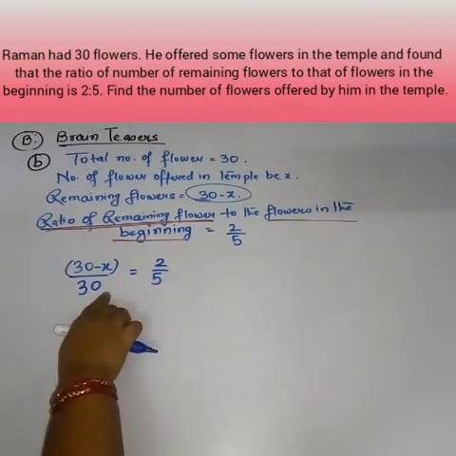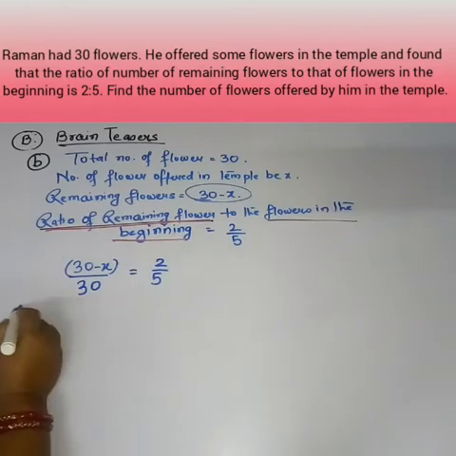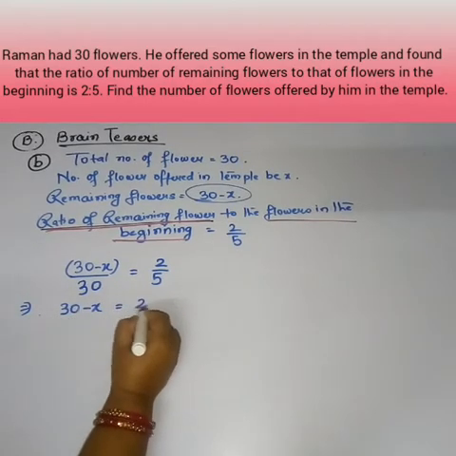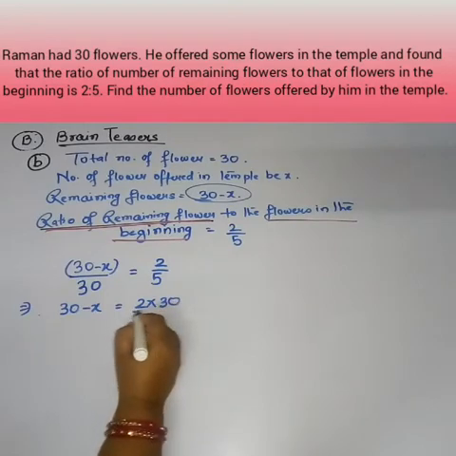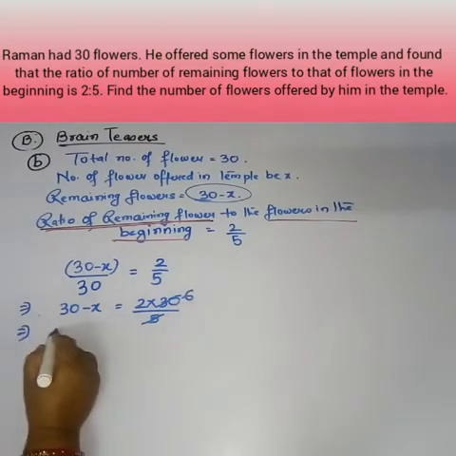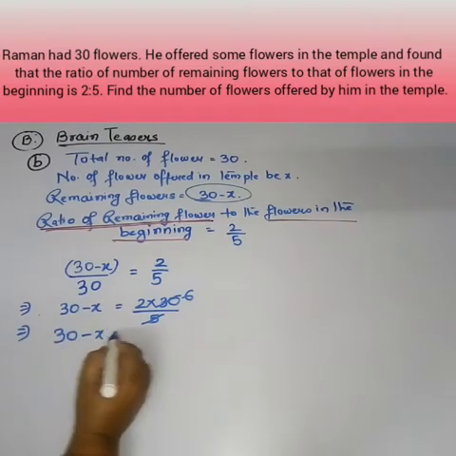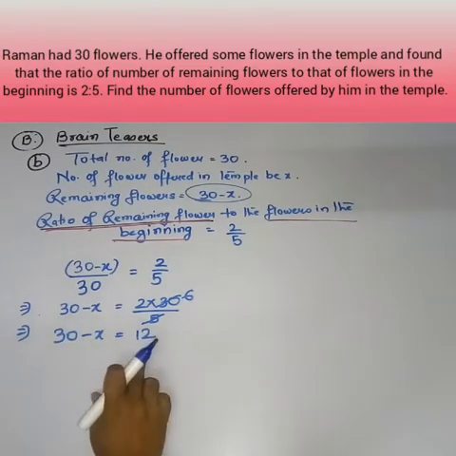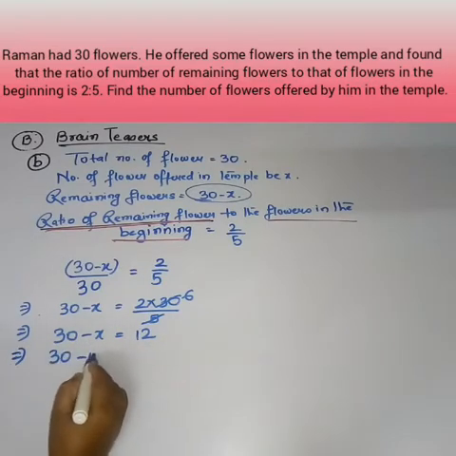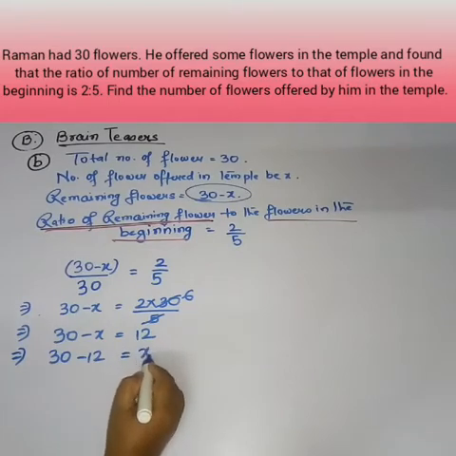Now I am going to transpose this 30 to this side, and we'll get here 30 minus x is equal to 2 into 30 by 5. This is 6. That means I can write here 30 minus x is equal to 12. Now I'm going to transpose this 12 to this side and x to this side. We'll get here 30 minus 12 is equal to x.